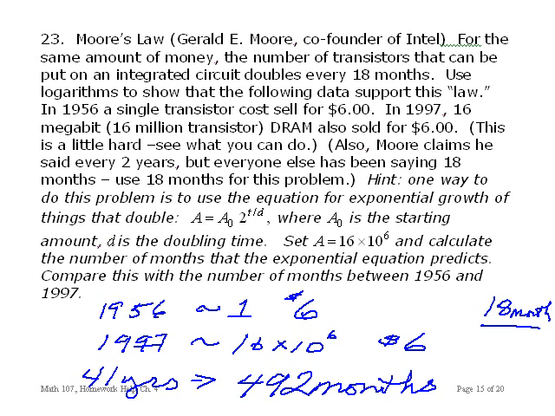Okay, using that, I'm going to show you two ways to solve this problem. Okay, here's one way, we're trying to verify that law. So here's the basic equation. A equals A naught times 2 to the t over the doubling time.